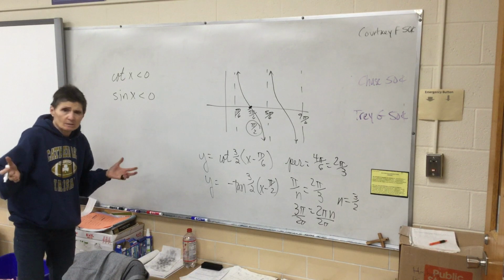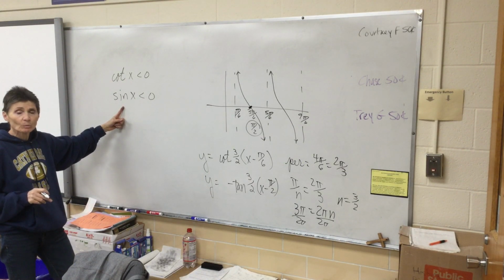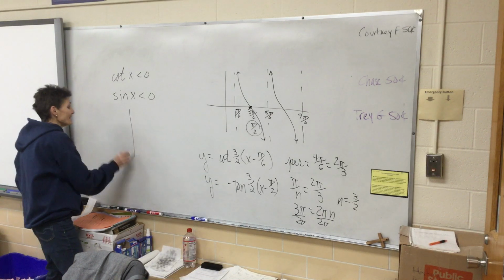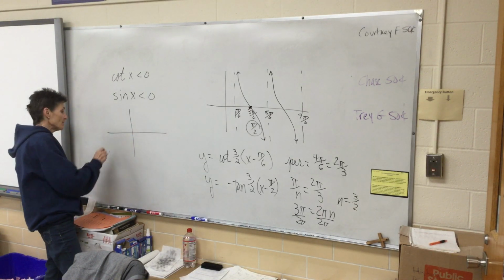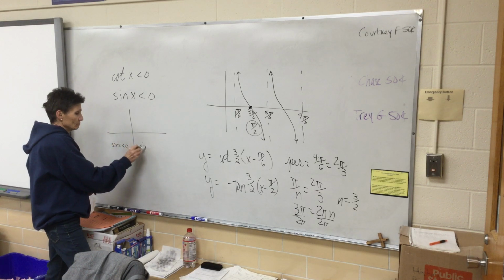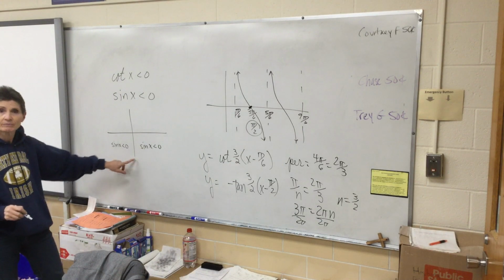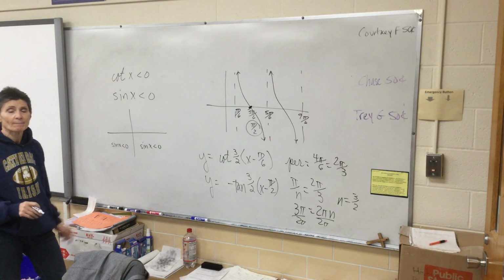Now, don't get confused. Sine is y. Sine is associated with y. If y is negative, then you have to be here or here. This is where the sine is negative, because sine is y.